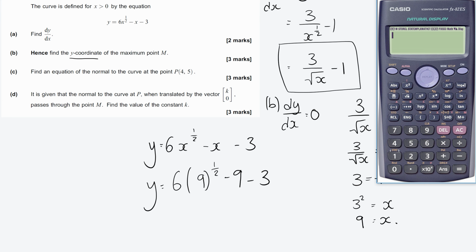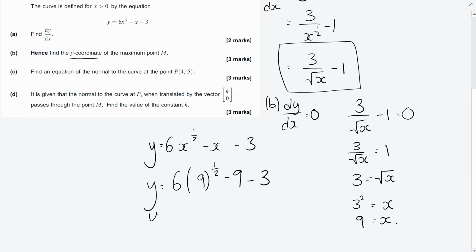Now, this is Core 2, you've got your calculator available to you, so it's worth using because it saves any little slips. So we put all of this straight into the calculator, and we get the y coordinate is equal to 6. So, hence, the y coordinate of the maximum point M is 6.